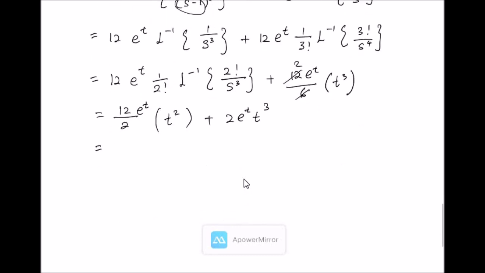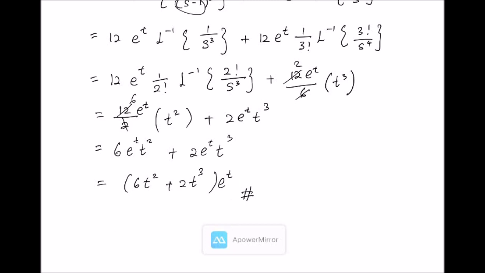So we can simplify again into 6 exponent t power of 2 plus 2 exponent t power of 3. Or I can factorize it into 6t squared plus 2t power of 3 exponent t. Okay, that's all for this question.